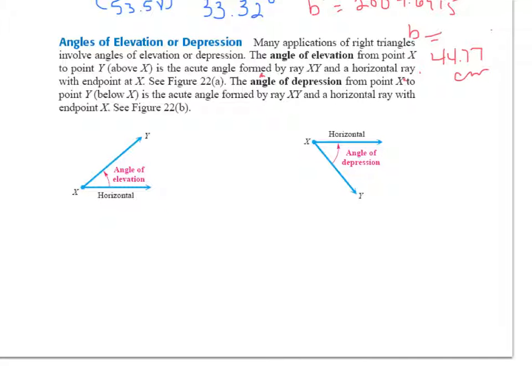Just think, if you're a person standing here, and this was your eye level, you're looking up. And if this is your eye level here, the angle of depression is if you're looking down. Makes perfect sense to me.